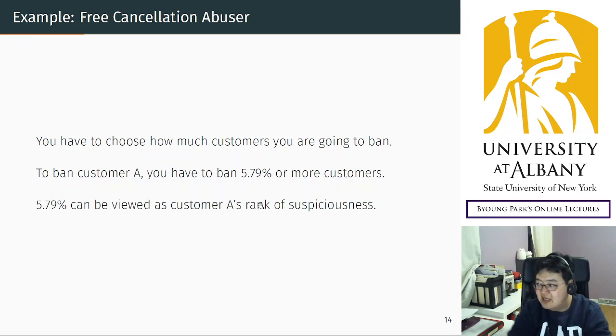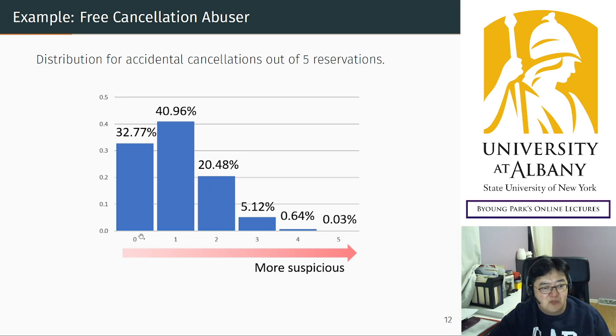Do you understand? It's getting complicated. The most suspicious is from this one. If you are here, you are within the top 5.79% in terms of suspiciousness. You are very suspicious. If you are here, you are at the bottom, and if you are here, you are suspicious in the top 25-something percent, maybe 26%.